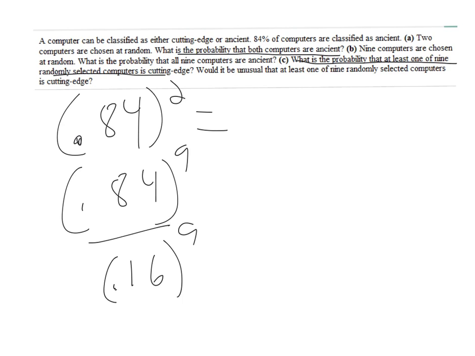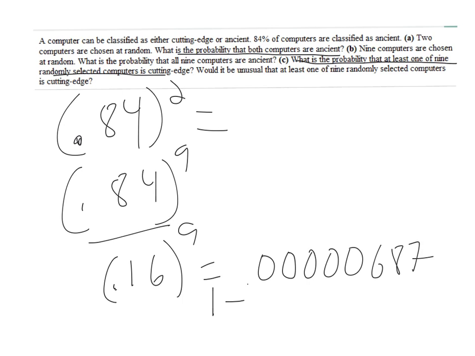That's a very small probability. We're at 0.0000687. Okay, pretty small. So we're going to take that away from 1 because it's an "at least." So 1 minus that.